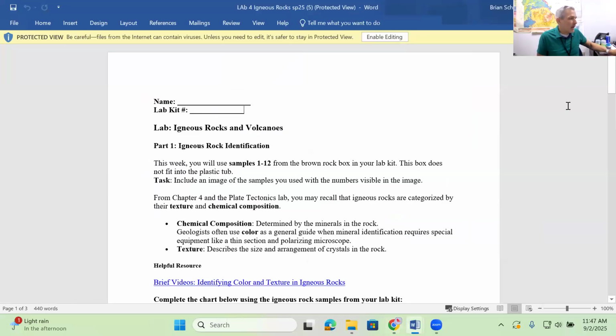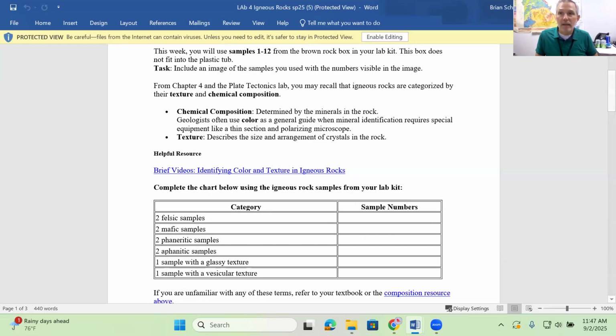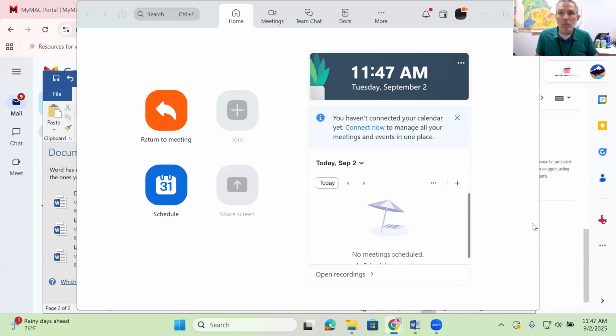The second part of the lab is going to be using samples 1 through 12. Anything after that is going to be used in a future lab dealing with sedimentary and metamorphic rocks.